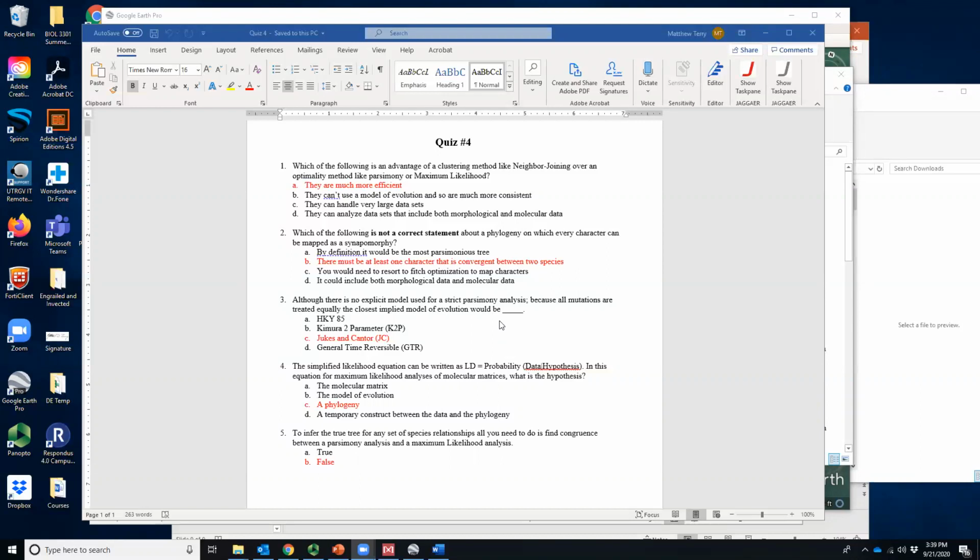So that's the key there: inferring the true tree for any set of species relationships is really not an option, although congruence would give us a little bit better hope that we had it, or at least we're close to it.